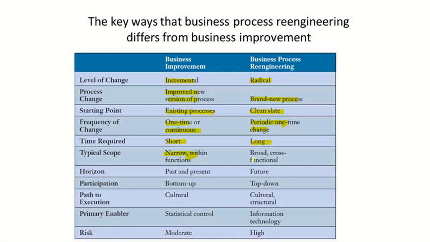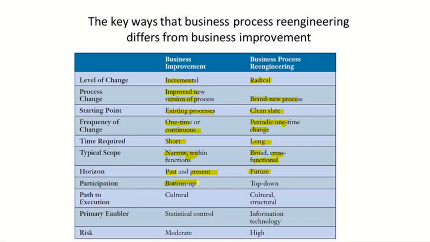But for business process reengineering, it is broad, cross-functional, interdepartmental. In terms of horizon, business improvement refers to the past and present conditions of the business, while BPR deals with future things. What are the innovations to be done in the next 3, 5, or 10 years?